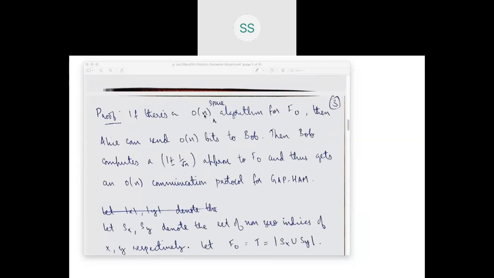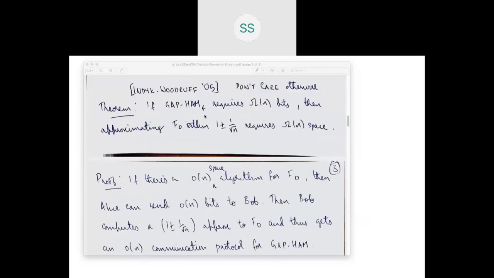Alice starts executing the f0 algorithm and transfers the contents of her space. Suppose there is a sublinear space algorithm, she transfers the sublinear space. She also transfers the size of her input, the number of ones in her input, which can be done in sublinear space as well. Now Bob can compute a 1 plus or minus 1 by square root n approximation to f0, and this leads us to a correct computation of the gap Hamming function.